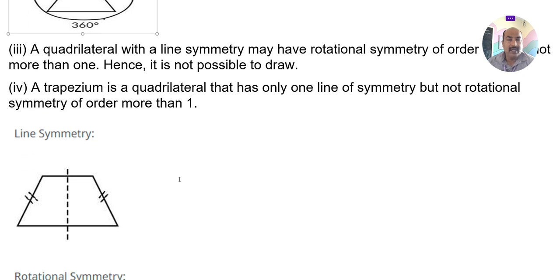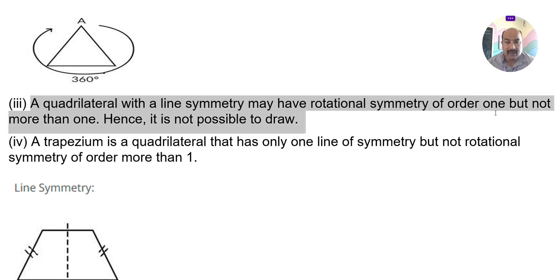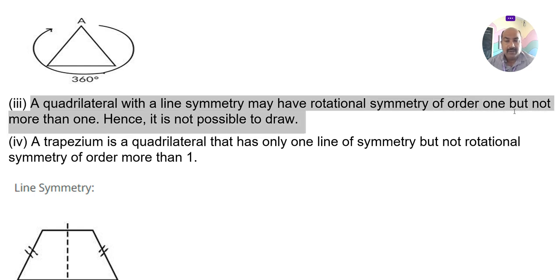Okay, third one. A quadrilateral with line symmetry may have rotational symmetry of order 1 but not more than 1.